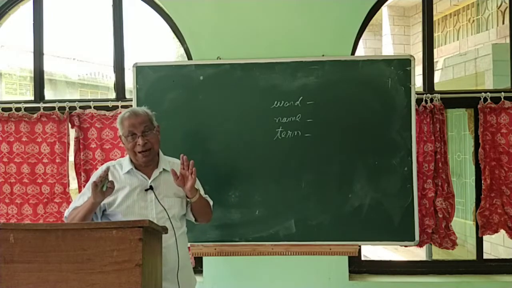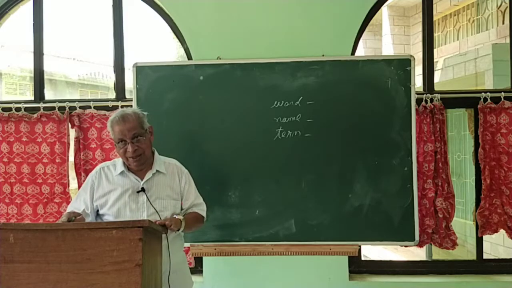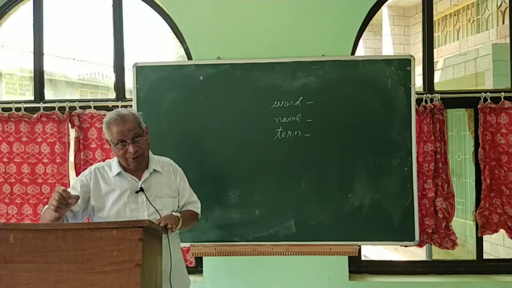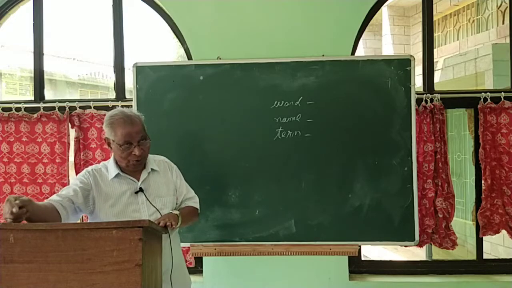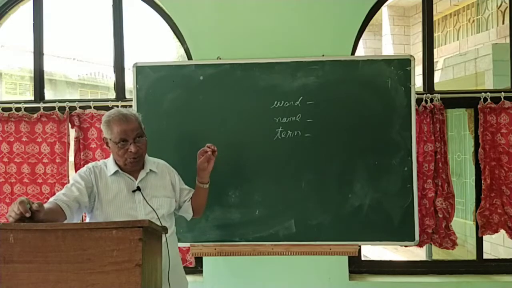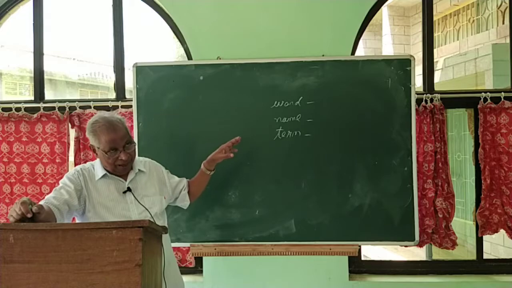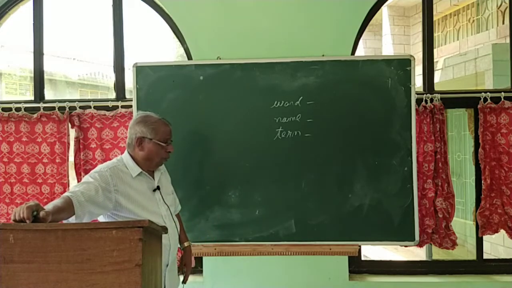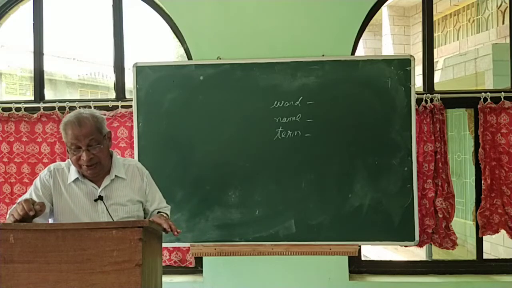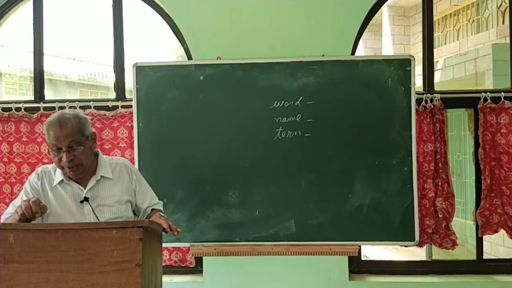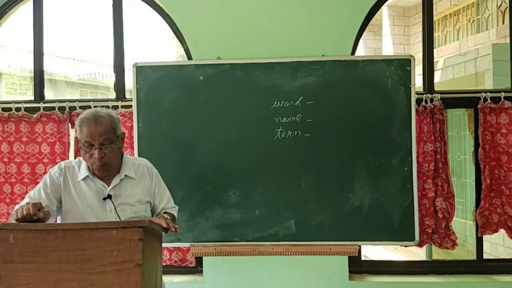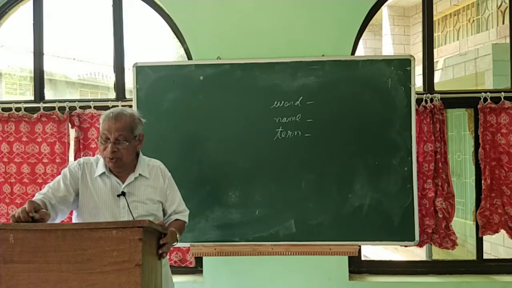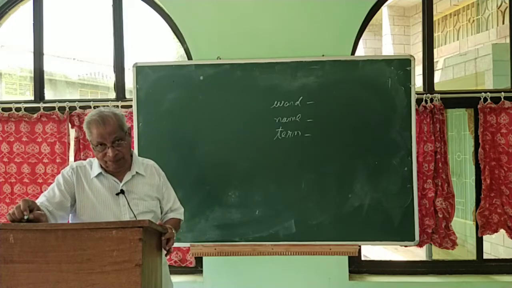Our purpose is to clarify what a term is, and we are doing it by contrasting it with what it is not. So we are referring to two other terms, and along with that we will also refer to the term. What is a word? A word is one or more letters which convey some meaning.